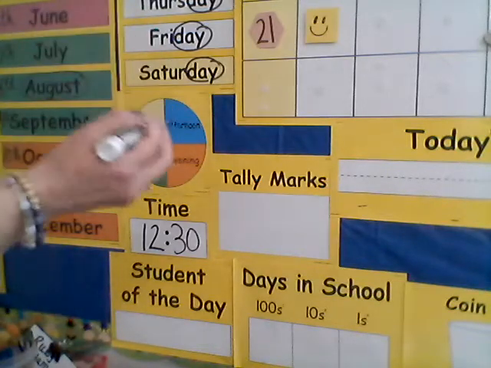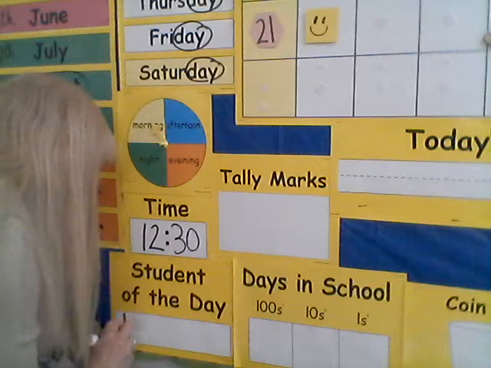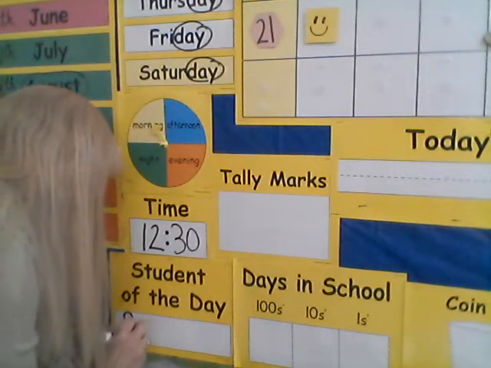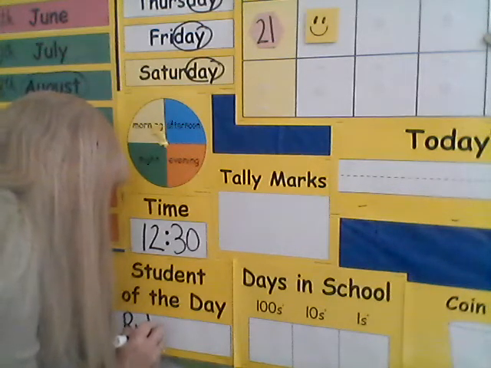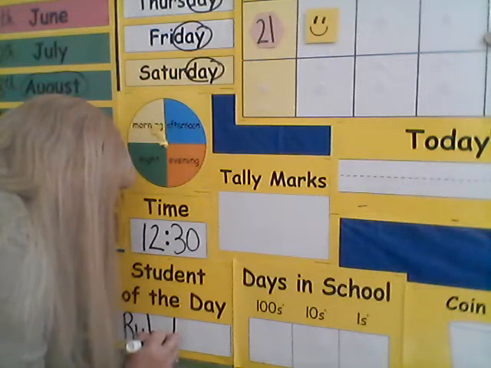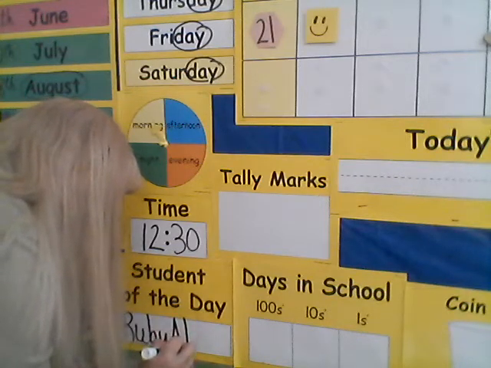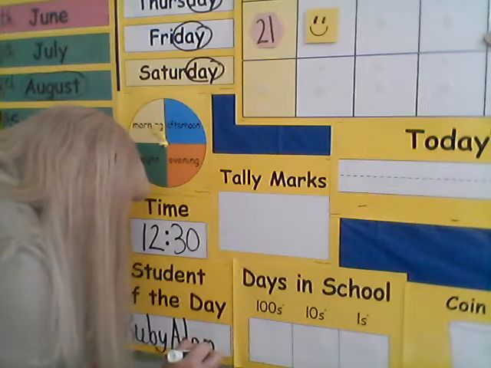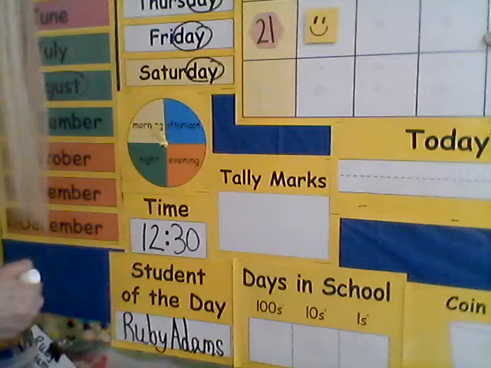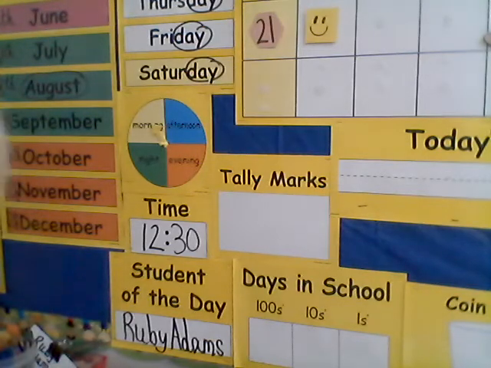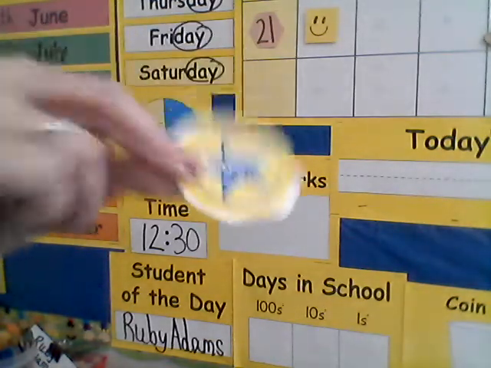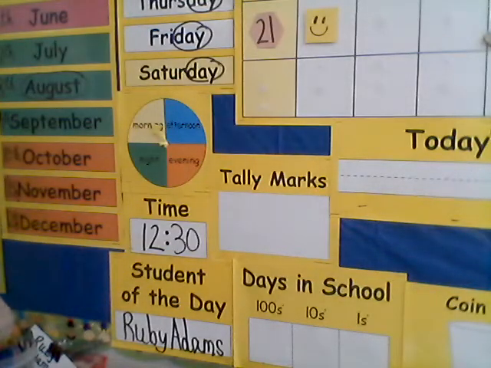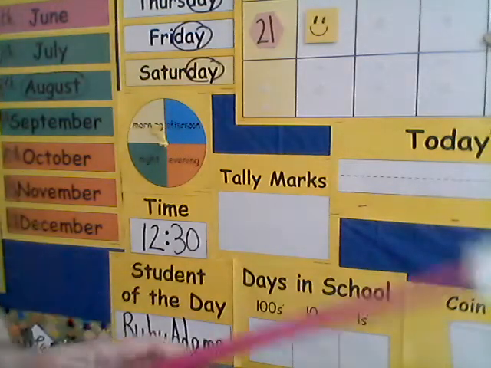But because Ruby isn't here, Mrs. Harlow will go ahead and do that for her. Ruby Adams. And of course, Mrs. Harlow would give Ruby her student of the day sticker. And then Mrs. Harlow would give Ruby a pointer and say, all righty, young lady, you are on.